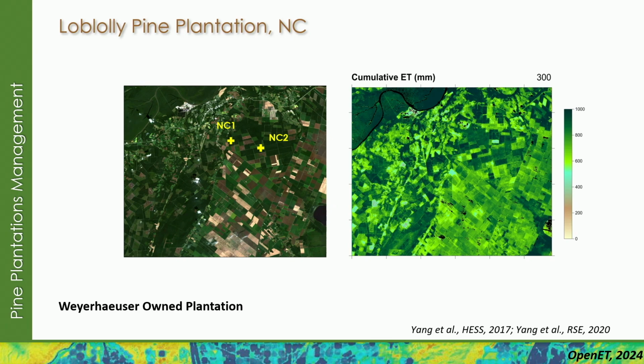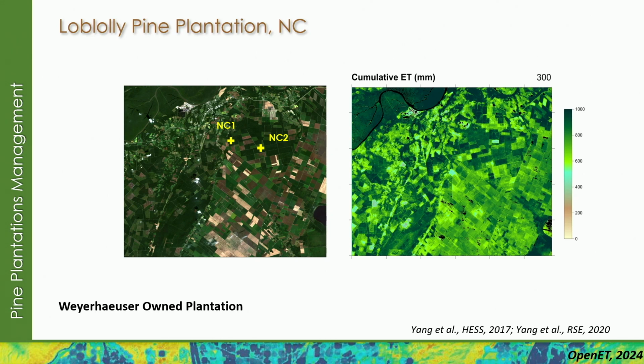So this is the Weyerhaeuser plantation, a site in North Carolina along the coastal area, which has a very shallow groundwater table. We have two flux towers here, NC1 and NC2.